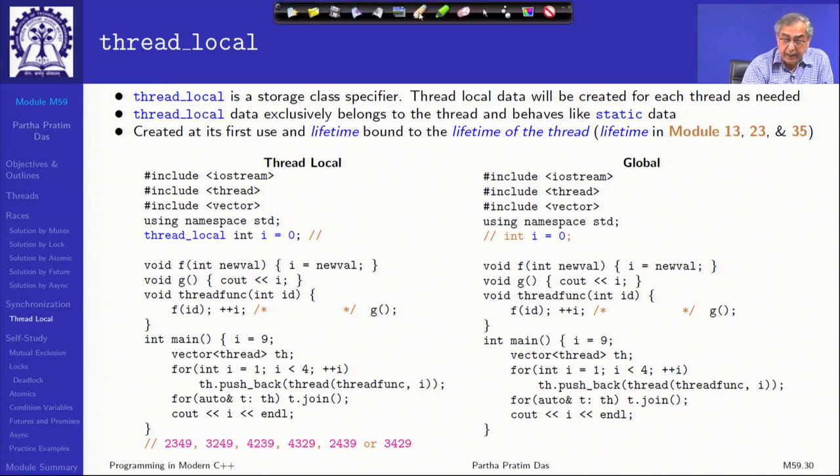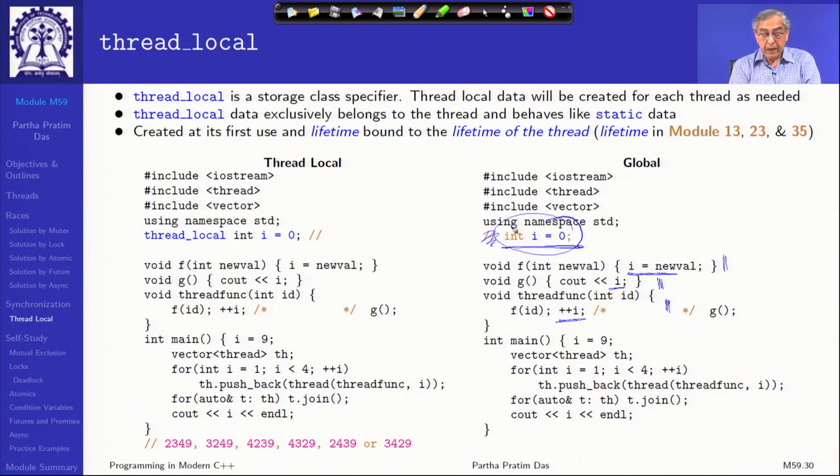Suppose I have a global variable I, then function f and function g, and the thread function can communicate by updating this I. For example, this writes to I, this reads I, and so on. And this is being done using it as a global.